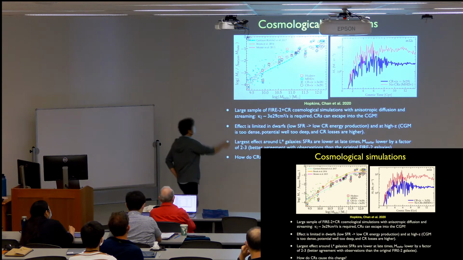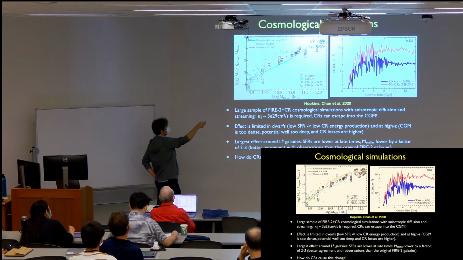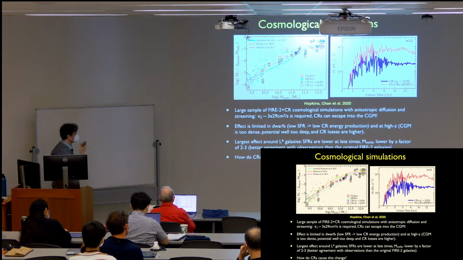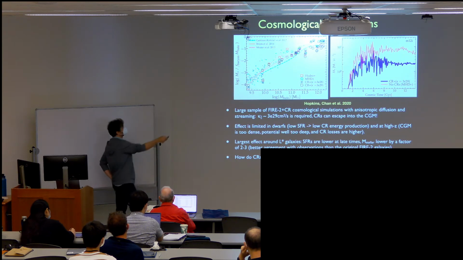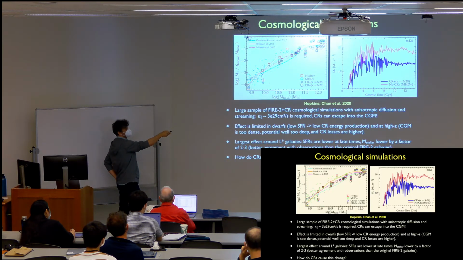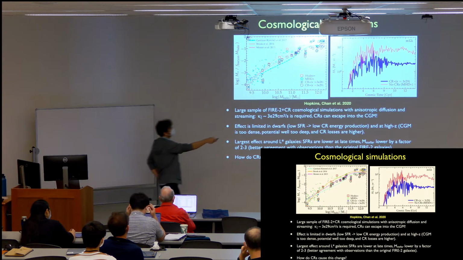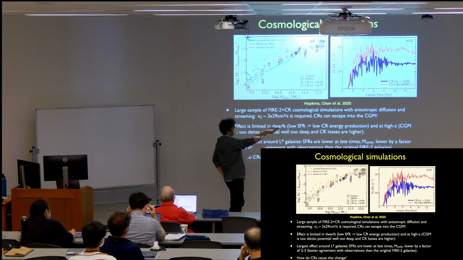So you see that while they're not affecting low mass galaxies so much, they're definitely affecting Milky Way mass galaxies and halos. And the outcome of this extra physics is that we tend to get lower stellar masses once the cosmic rays are included. And the reason for that is that our star formation rates in Milky Way mass halos tend to drop by a factor of 2 or 3 at late times.